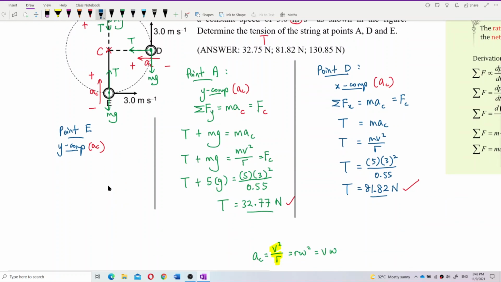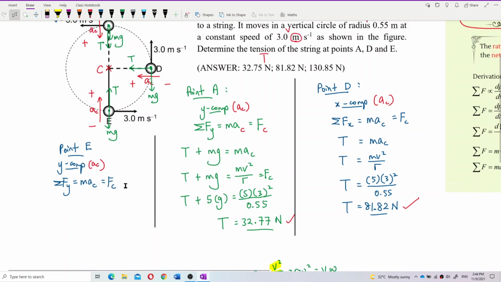So my resultant force is in the y component, and that resultant force is the centripetal force.